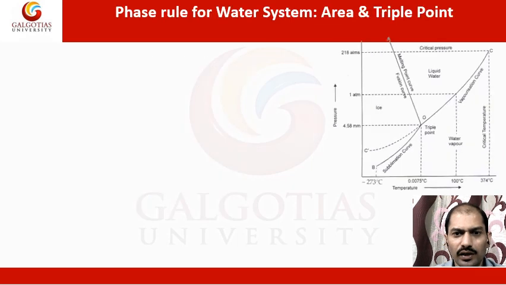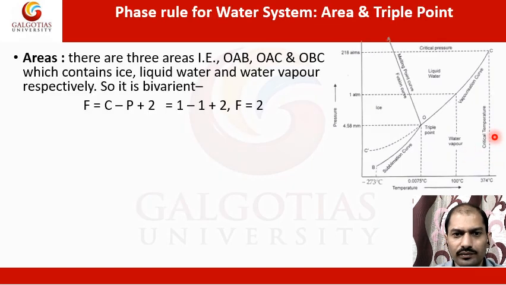So here, if you see, there are three areas: OAB, OAC, and OBC, which contain ice, liquid water, and water vapor respectively. So it is bivariant, because here we are taking area wise.